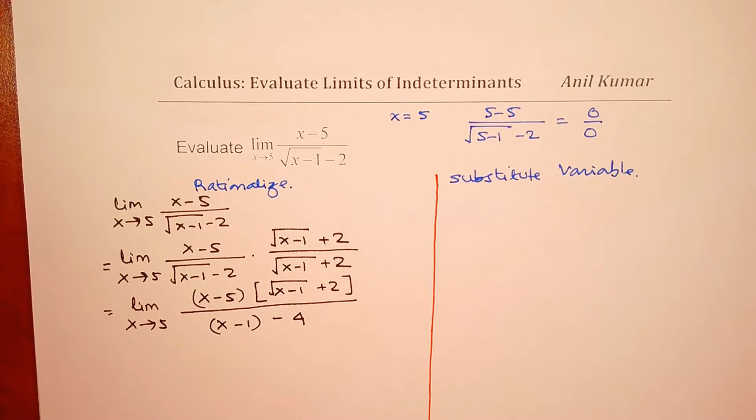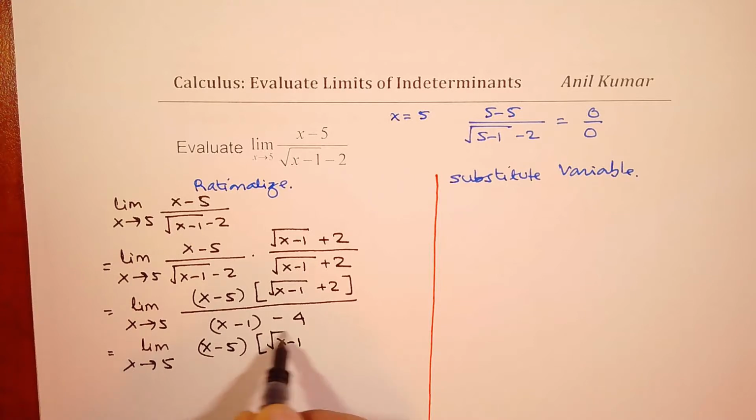So now I could write this as limit x approaches 5, (x minus 5) within brackets [square root of (x minus 1) plus 2] divided by (x minus 5). Now we can cancel x minus 5. That was giving us 0 over 0.